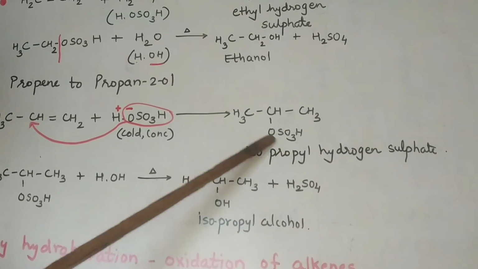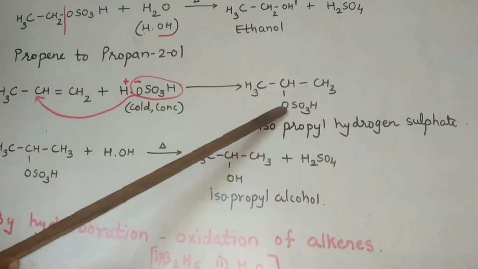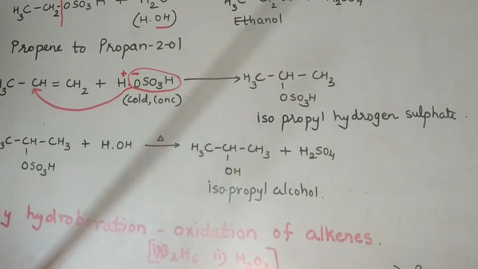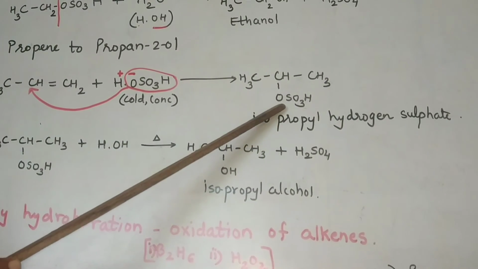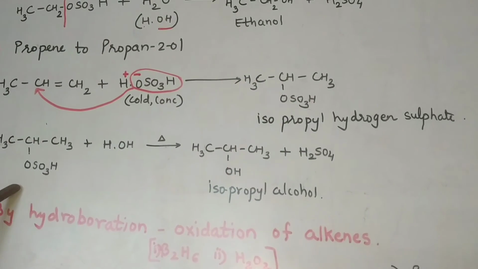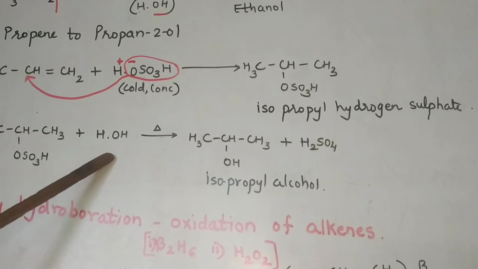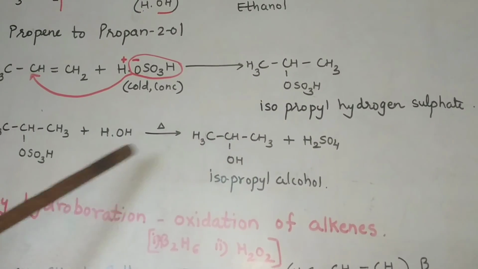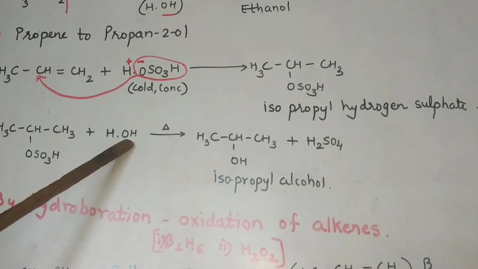The word isopropyl came because OSO3H is present on the central carbon. If the OSO3H were at the end, you would have called it n-propyl hydrogen sulfate. This is isopropyl, as it is on the central carbon of the 3 carbons. This isopropyl hydrogen sulfate is then treated with water. What will happen? Again, the OSO3H group will be replaced by OH.